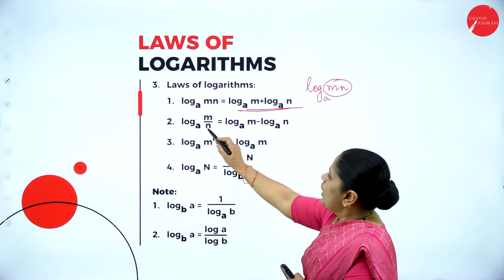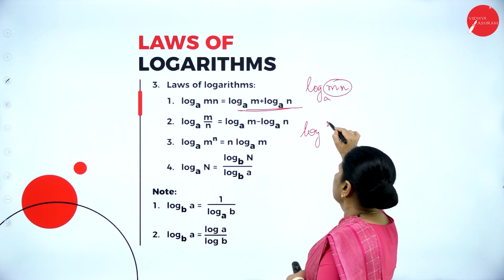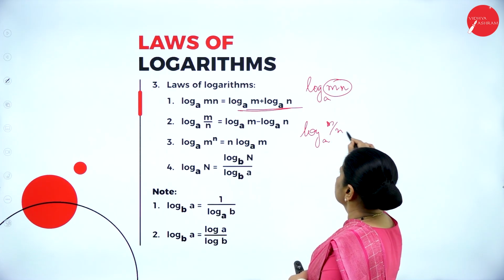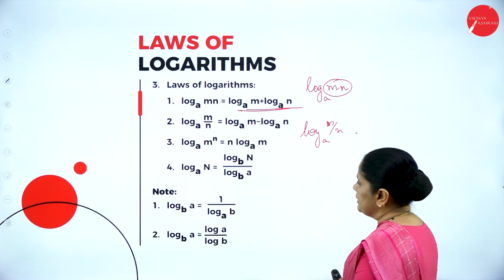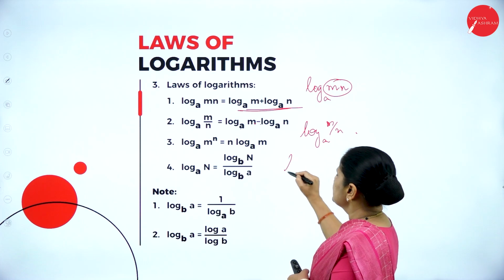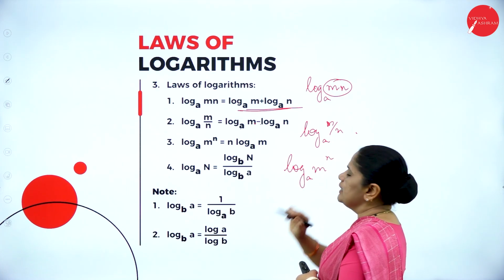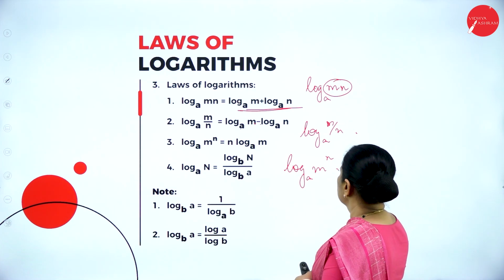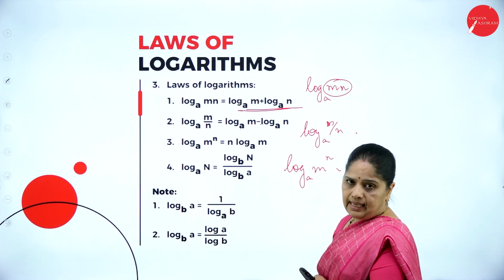Then log m by n to the base a equals log m to the base a minus log n to the base a. Suppose I have log m to the power of n to the base a. This will be n log m to the base a.